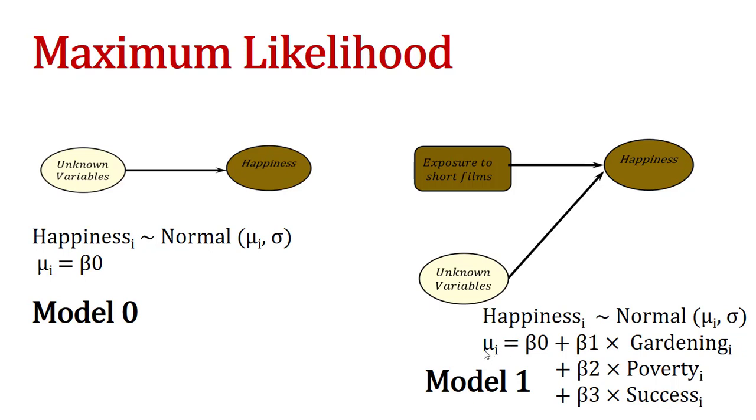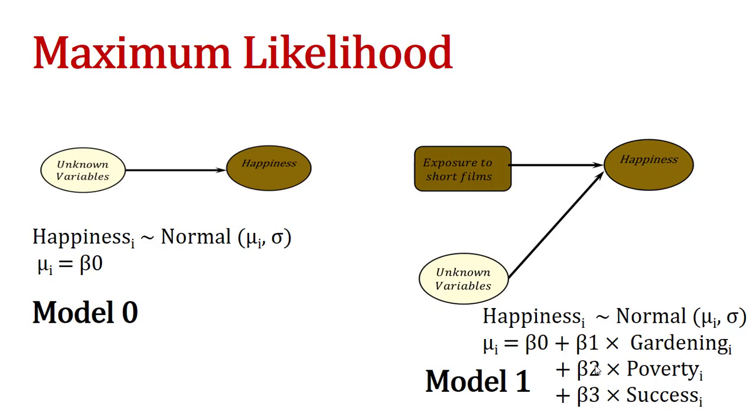So the beta 0 in this case would be the mean of cooking, and then our prediction of happiness for each participant is beta 0, which is the mean for cooking, plus the effect, how much more happiness you expect in comparison to gardening. When you compare gardening to cooking, beta 1 is how much more happiness you expect if you are exposed to gardening in comparison to cooking.